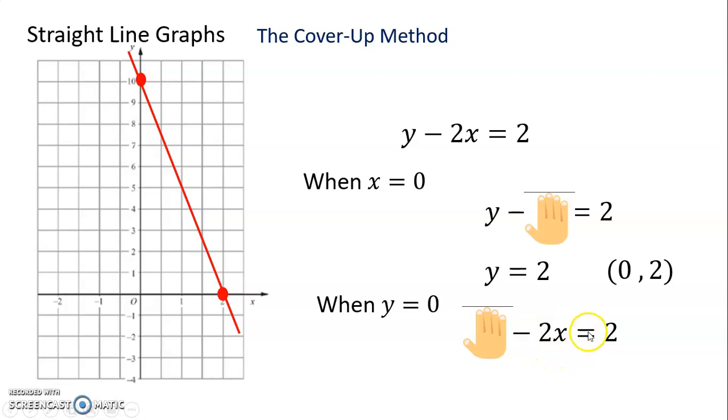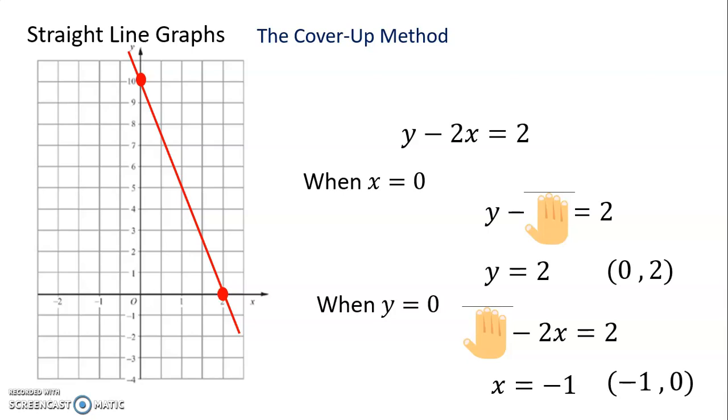So when I divide through here, I'm going to have to divide through by negative 2, and that is going to matter because when I divide a positive by a negative, I get a negative answer. So here I'm going to end up with x equals negative 1. And so my coordinate is negative 1, 0.